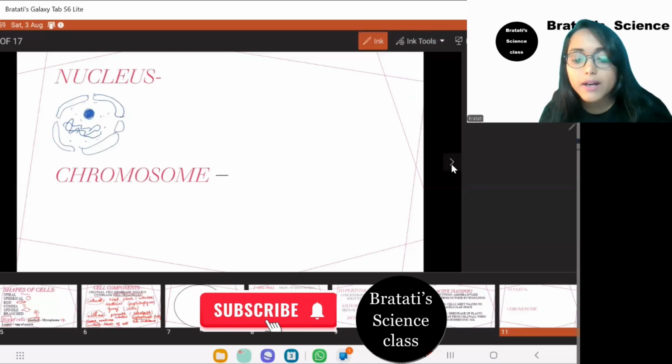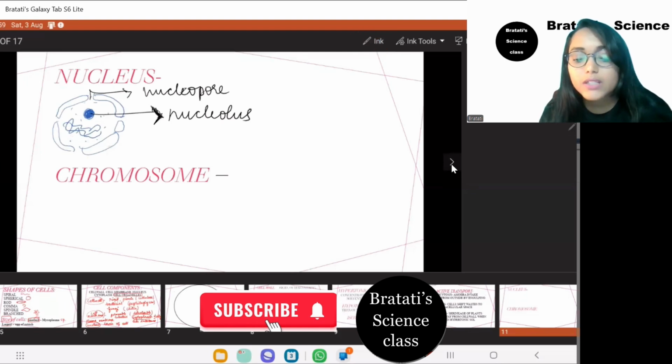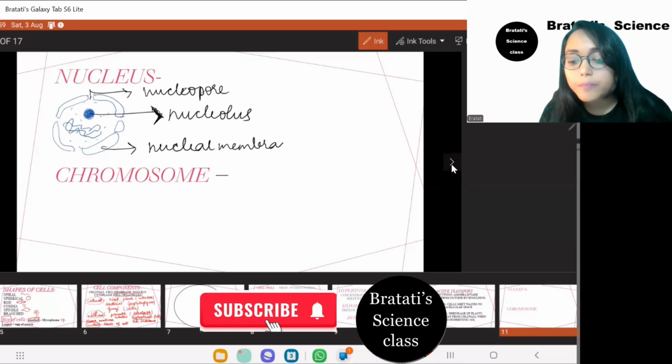Now here, if we mark, this is called the nucleolus. Inside the nucleus, the concentrated part is the nucleolus. These are the nucleopores. Pore obviously means holes. This is the nuclear membrane.